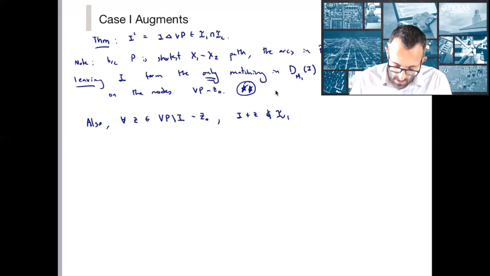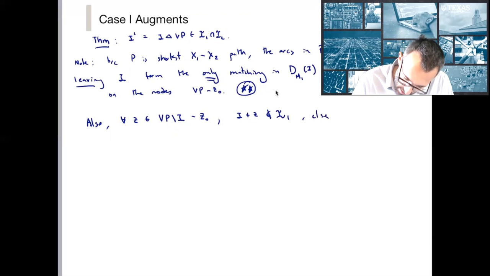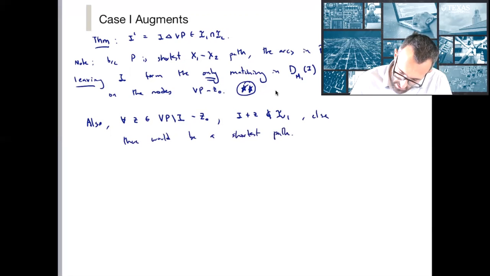And so I know that this is the case, or else there would be a shorter path. Let's call this the second star.